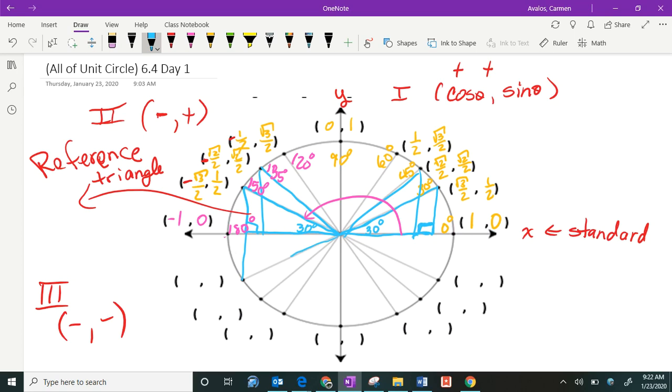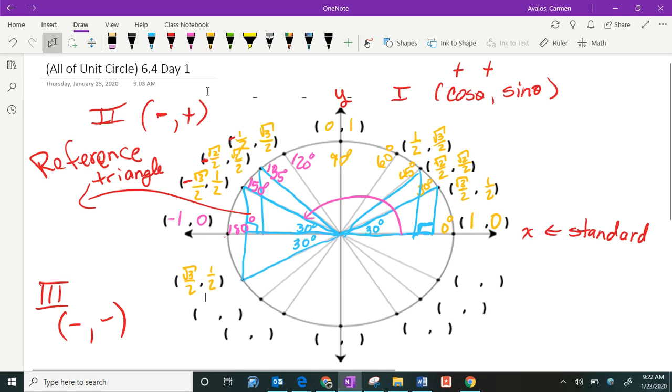And so we know that this angle right there is going to be 30 degrees as well. That's our reference triangle. It's 30 degrees, and so it's going to have the same features as those. So it's the same 30 here, 30 there. And we know that this one here is going to be the square root of 3 over 2, and this is going to be 1/2.